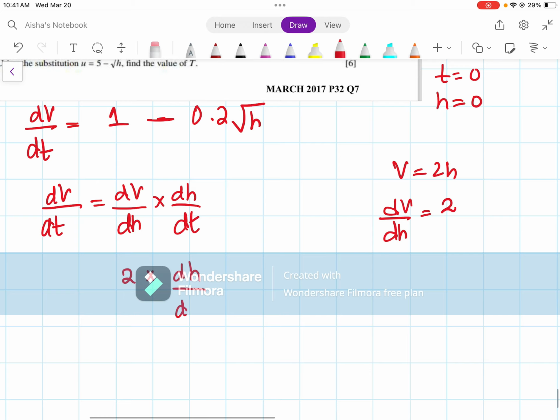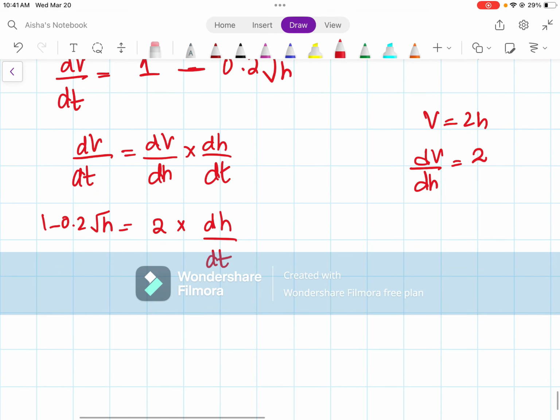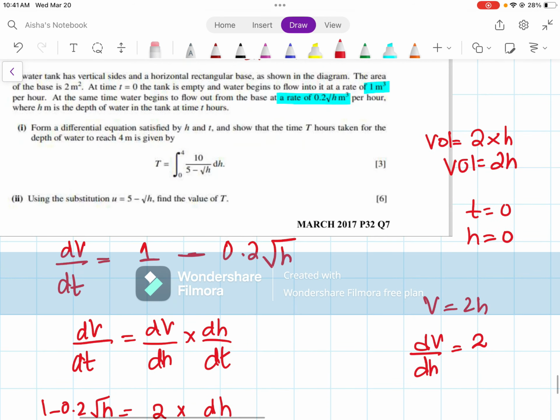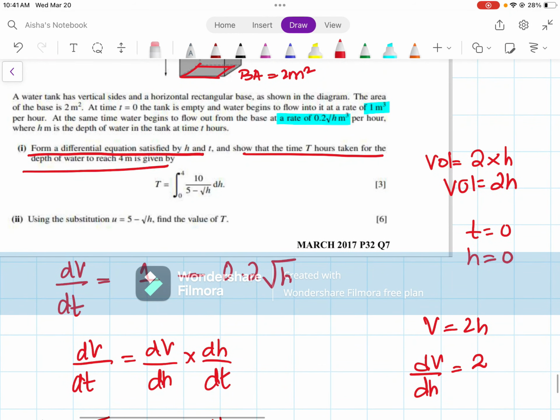So 2 into dh upon dt equals 1 minus 0.2 root h. When you move this to the other side, it will become... I think the movement is a little wrong, but anyway, we form the differential equation. Show that the time taken for depth to reach 4 is given by this.